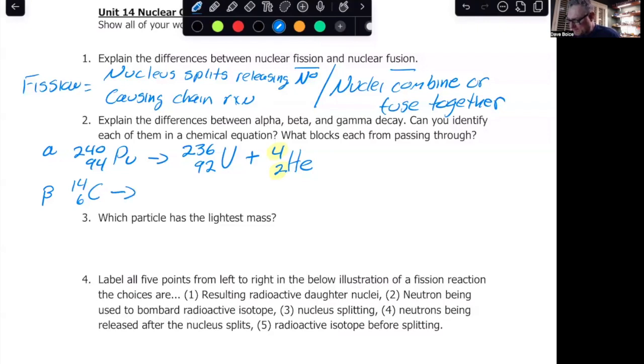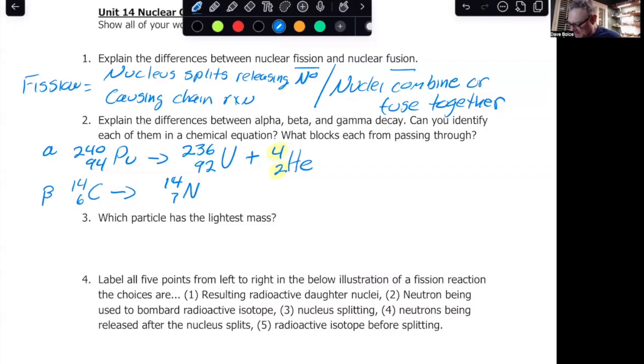So what would happen in this case is, a neutron is a proton and an electron together. If that splits off, something pretty interesting happens. I'm going to keep the same mass number because the number of protons and neutrons is still the same, but one of those neutrons turned into a proton.